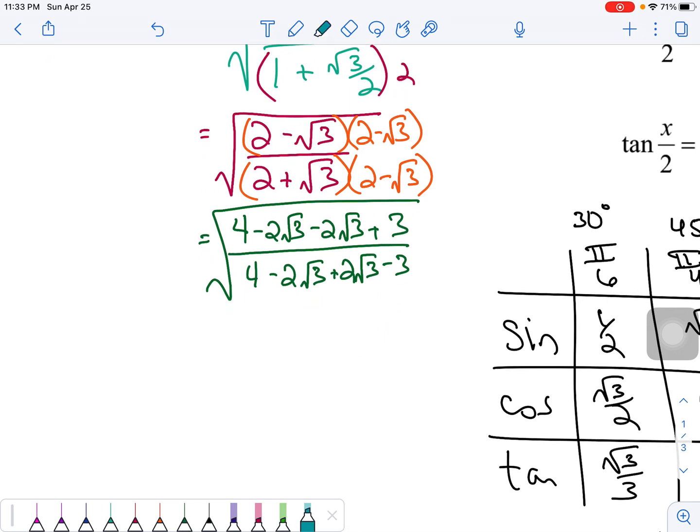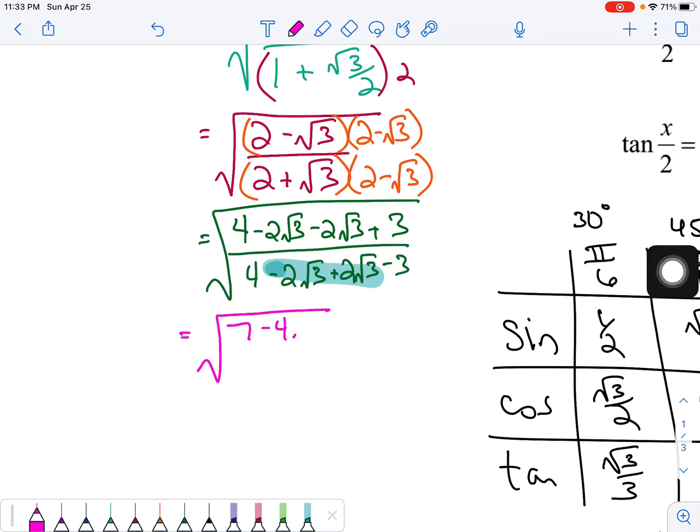But now let's go ahead and collect up some stuff here. In the denominator, we've got negative 2 root 3 and a positive 2 root 3. Wave bye-bye. That's part of the reason we use the conjugate, so that you should not have any radicals left in the denominator. Numerator-wise, we've got 4 plus 3, so 7 minus 4 root 3.